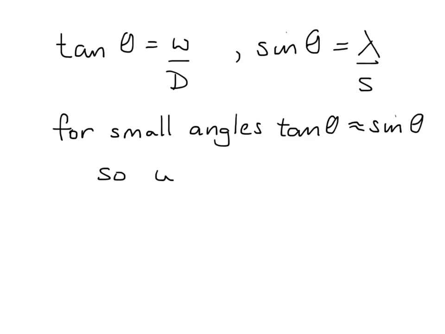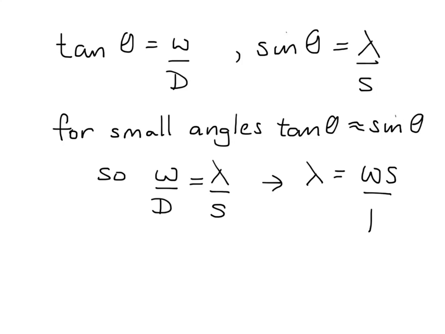So if they're both the same, we can equate those two parts of the equations. So w over d must be the same as lambda over s. All we need to do then is rearrange it slightly, and we get a formula that says lambda, the wavelength of the light, is w times s over d.